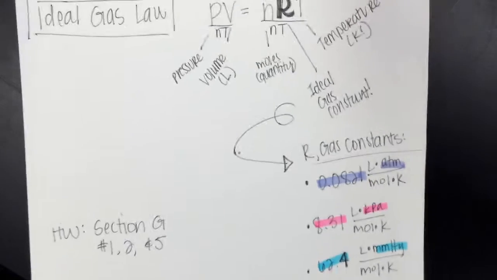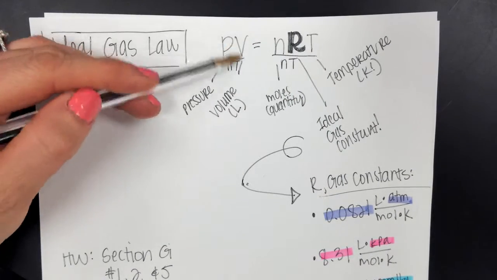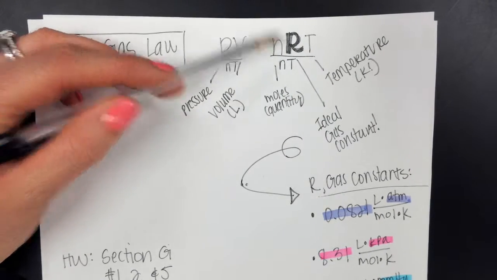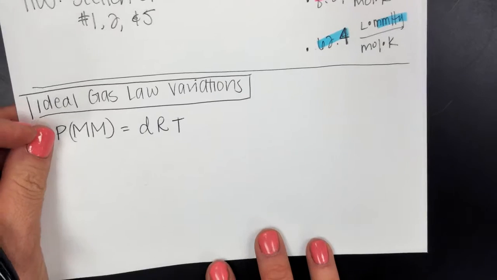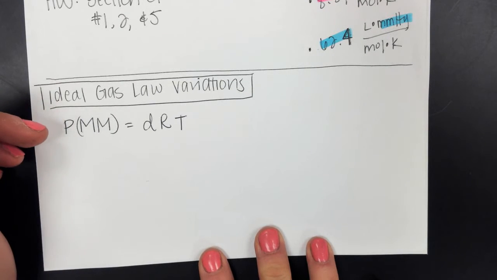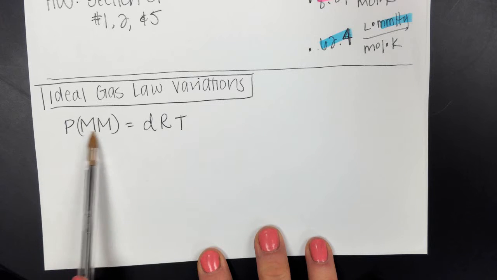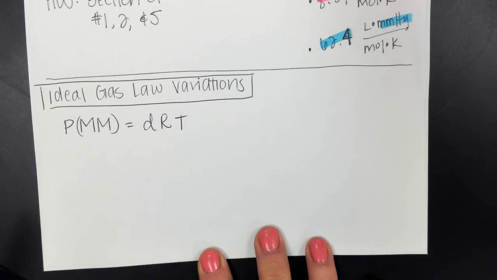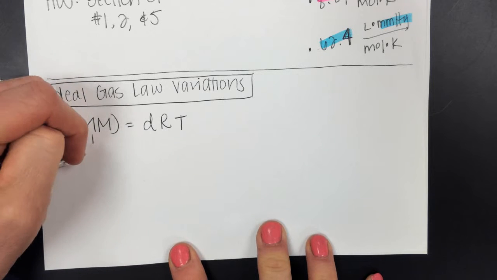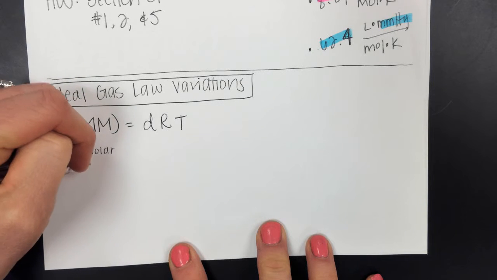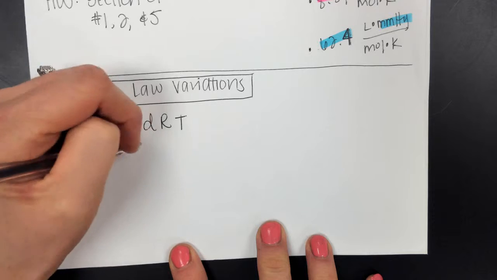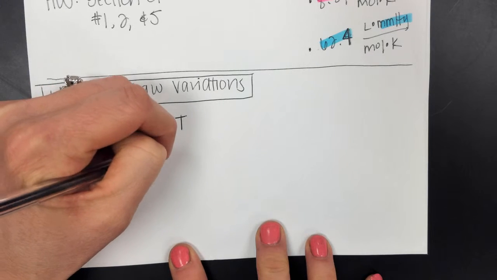So it's the exact same as PV = nRT. Instead of the volume, it's molar mass. Instead of the moles, it's density. Okay? So you could arrange this in a couple of different ways to isolate either molar mass or density depending on what you're solving for. And let's take a second and make sure we write down those variables. D is density.